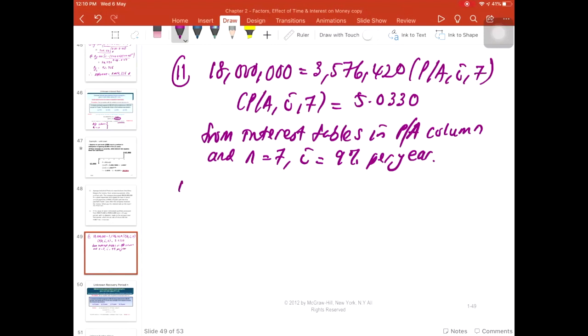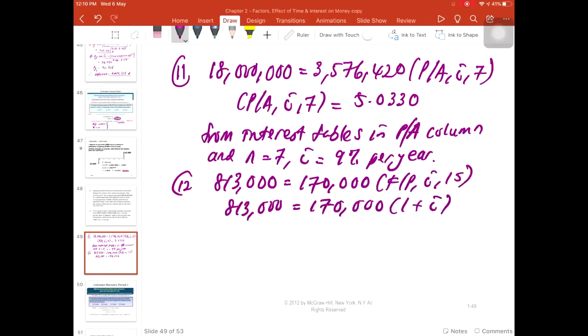Okay, number 12. The same, and then use the log, and then divide. 880,000 divided by 150,000, you will get, and then you take the log. 4.78235.